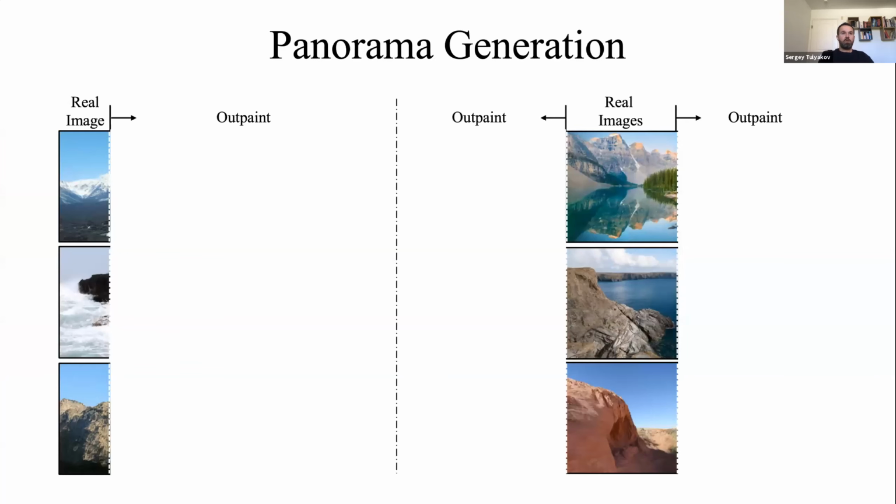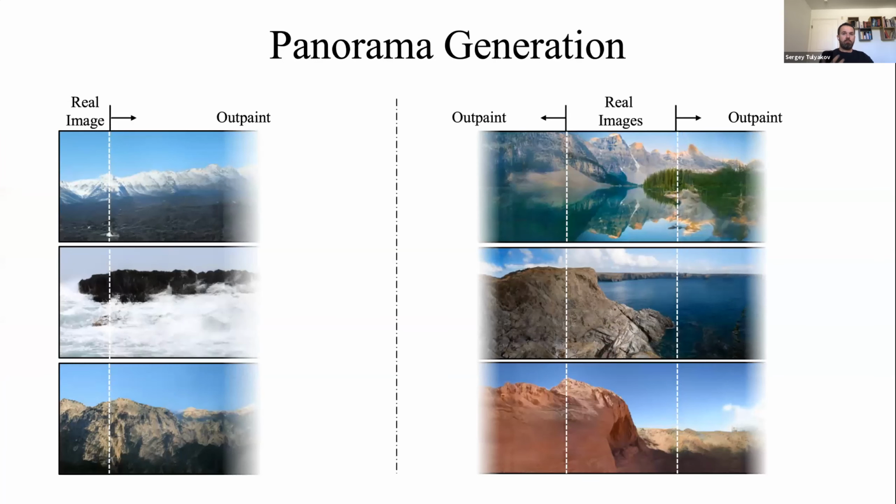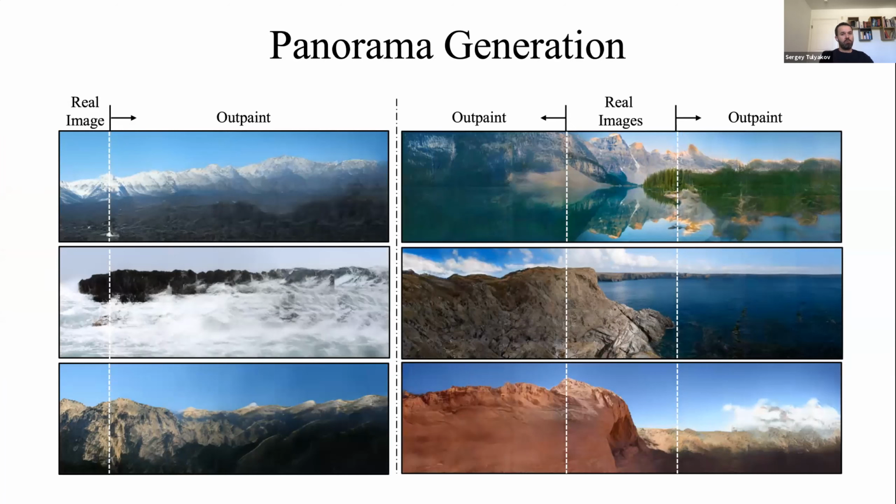If we perform the process several times, we can create longer panoramas. And here, what we do is we take a patch, we generate another patch, then we invert this patch, and so on. So this process is a little bit time consuming. And another implementation detail I would like to share here is that as we do this panorama generation, there could be some boundaries, like some boundary as you see here.